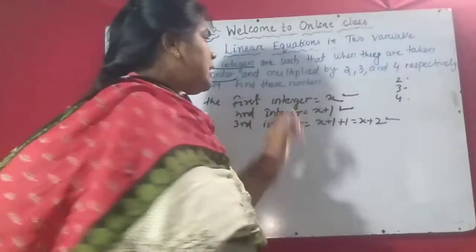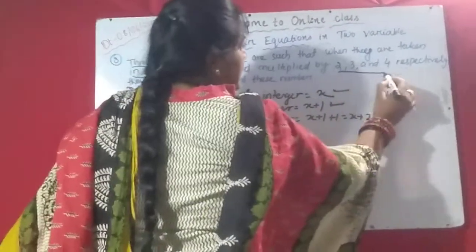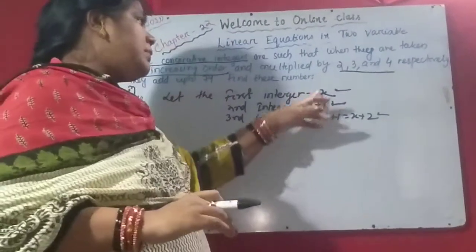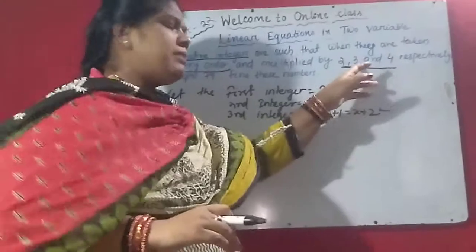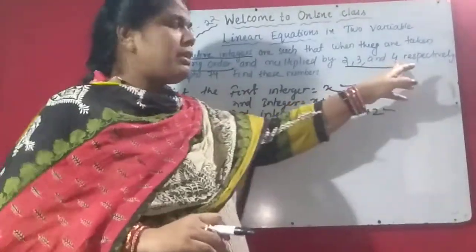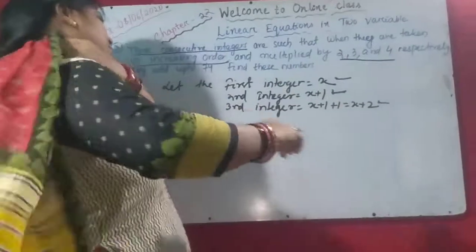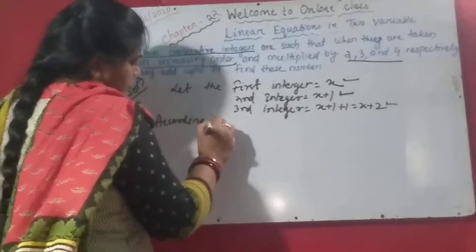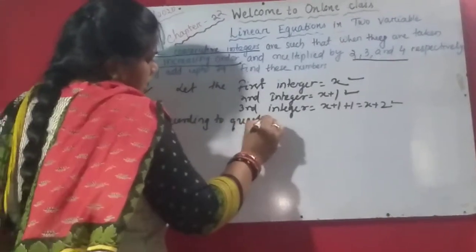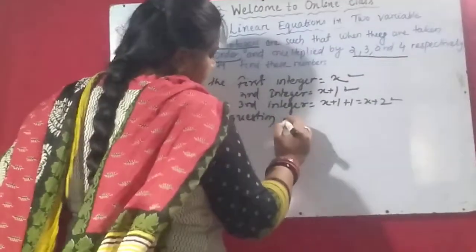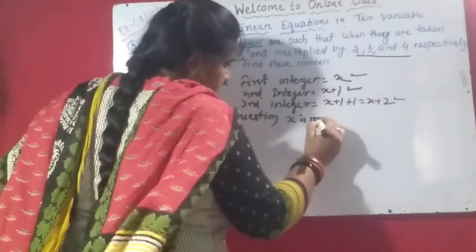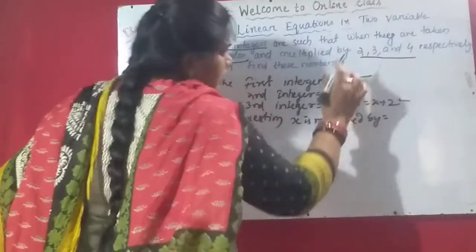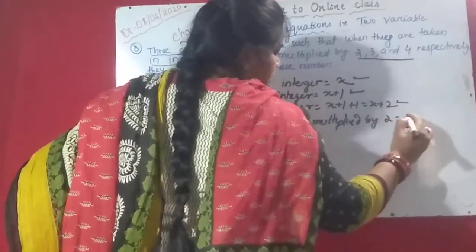Then it is given that they are multiplied by 2, 3, 4 respectively. Respectively means the first integer is multiplied by 2, the second integer by 3, the third integer by 4, serially. So according to the question, x is multiplied by 2, that is 2x.